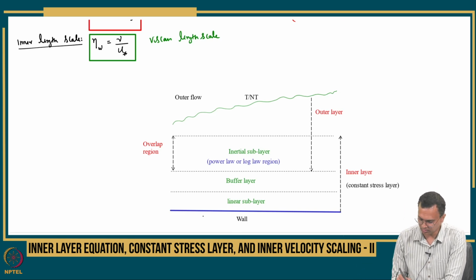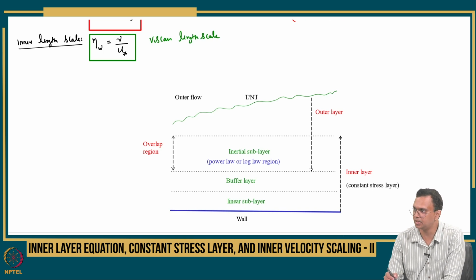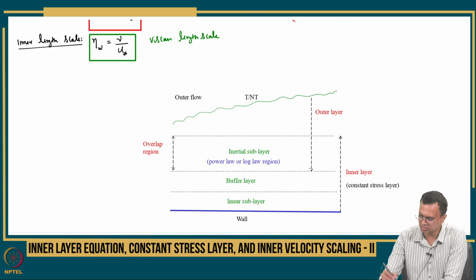So now we have a wall here, and I already discussed an outer layer and an inner layer, and what is called a TNT, a turbulent non-turbulent interface.